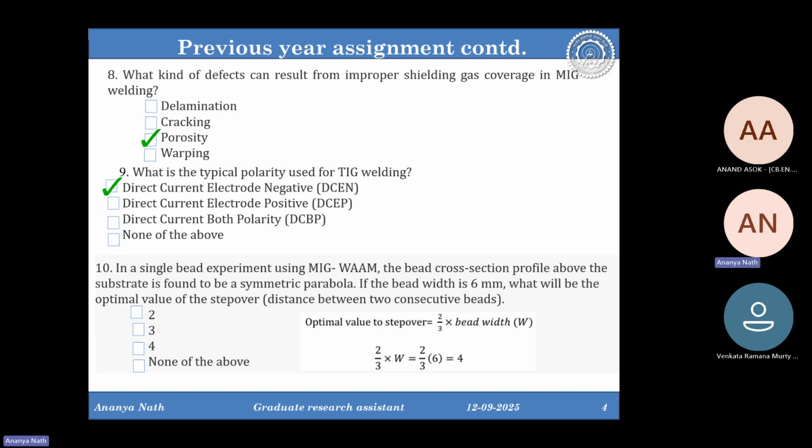Yeah, in MIG-TIG, I noted it as substrate in my notes. But if it's the combination of plasma and MIG, then the plasma will be the second electrode. From the TIG gun, the plasma is getting generated. So in plasma, normally we use tungsten as the electrode.